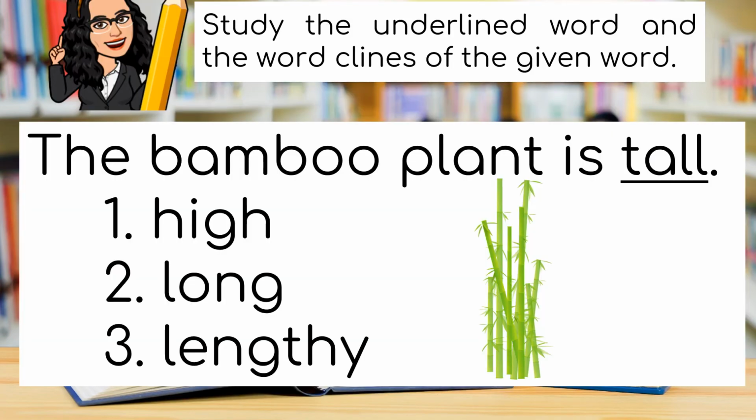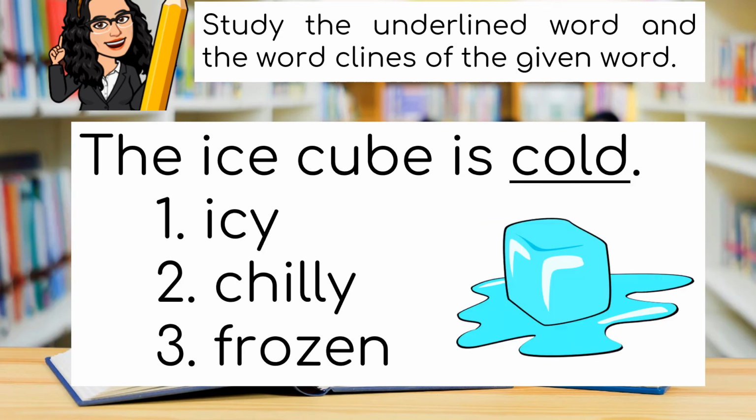Study the underlined word and the word clines of the given word. The bamboo plant is tall. The word clines for tall are high, long, lengthy. The ice cube is cold. The word clines for cold are icy, chilly, frozen.